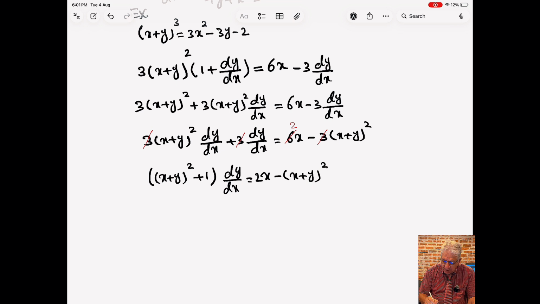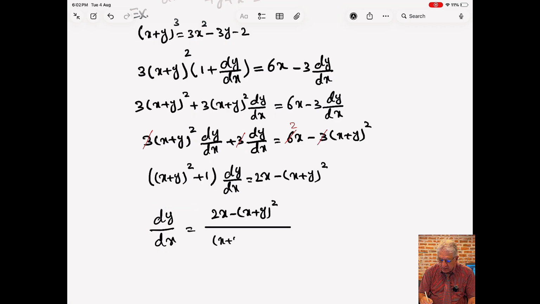Then I can say dy by dx is equal to (2x - (x + y)^2) divided by ((x + y)^2 + 1). Therefore, this is our derivative.